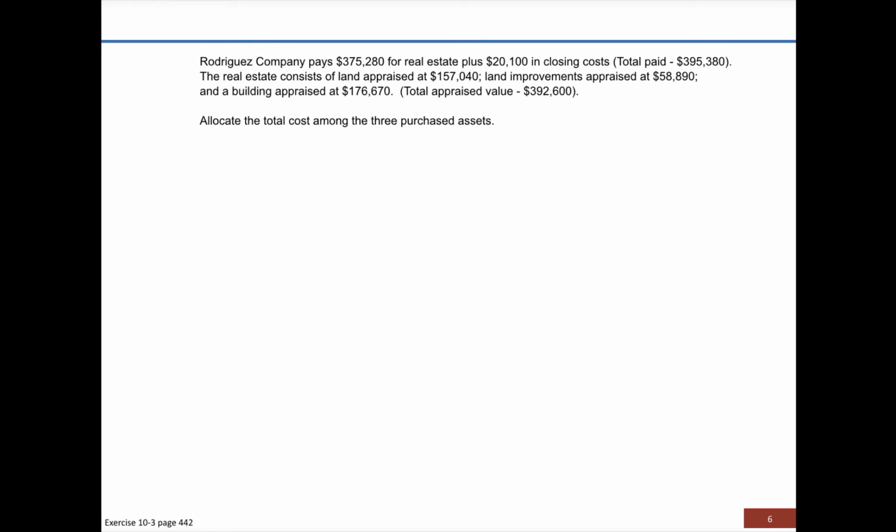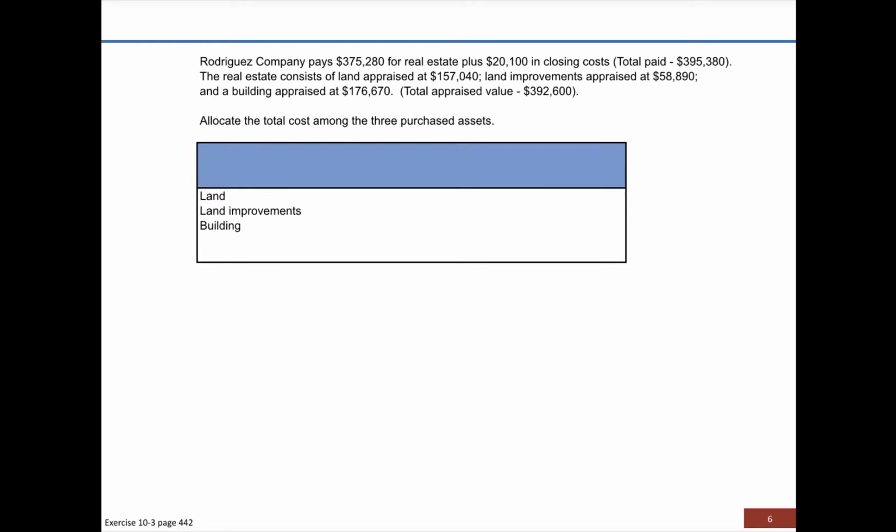When we determine what the value is that we're trying to allocate into these three categories, you recall, first thing we do is look at what the market value is for these items. That would be that bottom section there where we're talking about appraised value.